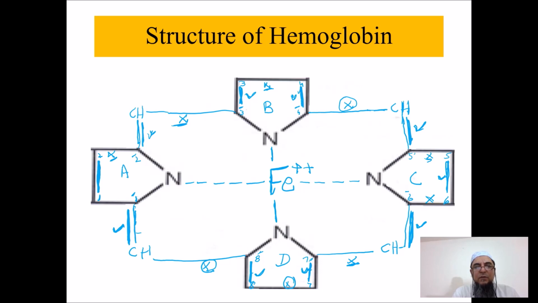In the inner we count 1 prime, 2 prime, up to 8 prime, and the outer ones are called 1, 2, 3, 4, 5, 6, 7, 8. The pyrrole rings are attached to each other with the help of the methine CH bridges, and then we put alternative double bonds, and the bridges are complete.